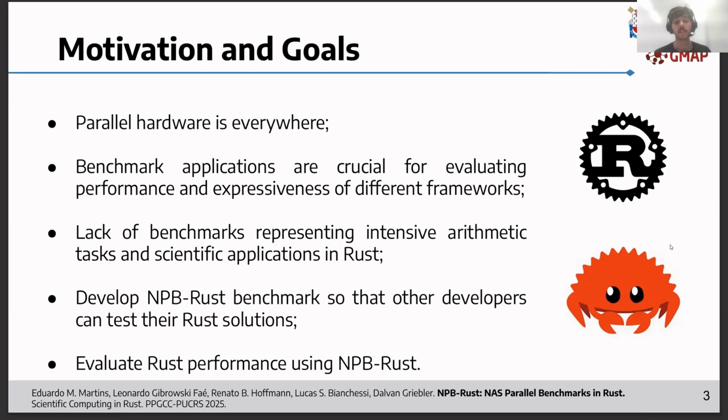In that way, other developers that are developing frameworks for parallelism can test a Rust solution and compare with other Rust frameworks, or even in a multi-language scenario, they can use the different versions of NPB to do so. And also, since we are developing the NPB Rust, we also wanted to include a Rust performance evaluation.